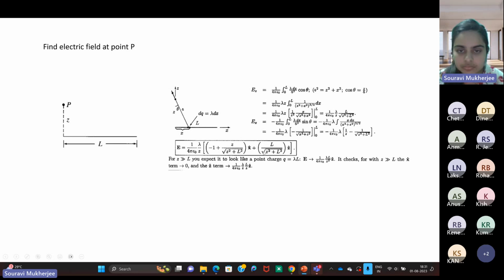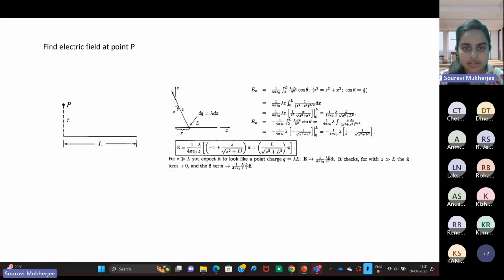Yes. So this term remains, and you get 1 by 4 pi epsilon 0 lambda L, and then you can ignore this term. You'll have z out of the bracket, and then it should be z into z. So you're getting the same term as was expected for a point charge given as lambda into L. This is how you find it for any kind of distribution.